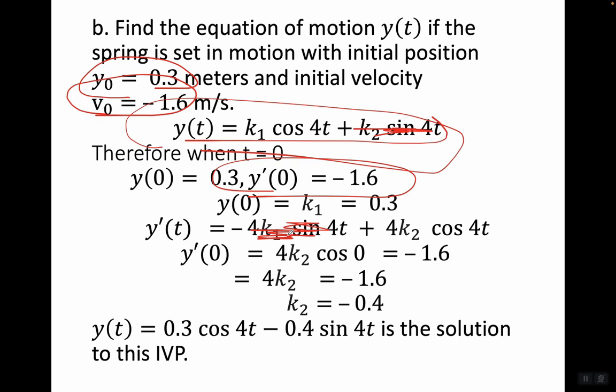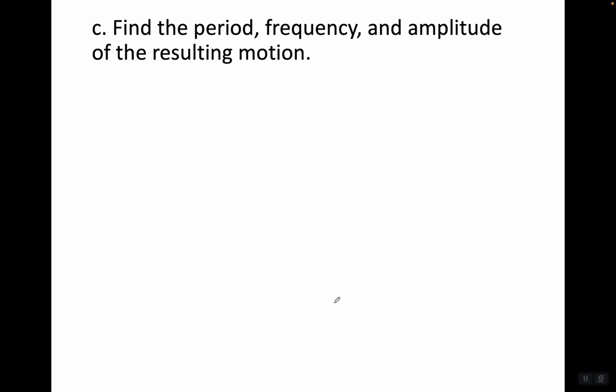We're left with 4k2 cosine 0 equals negative 1.6. 4k2 equals negative 1.6 because cosine of 0 is 1. Therefore, k2 equals negative 0.4. So y of t equals 0.3 cosine 4t minus 0.4 sine 4t. That's the solution to this initial value problem.